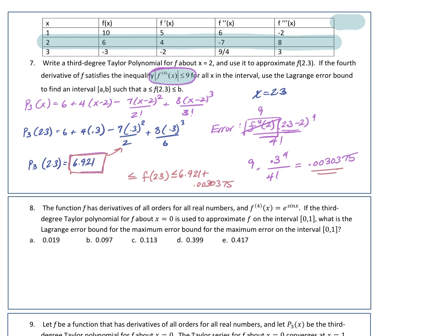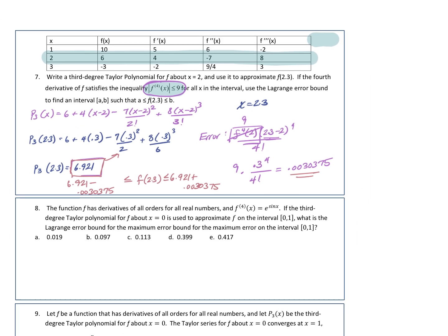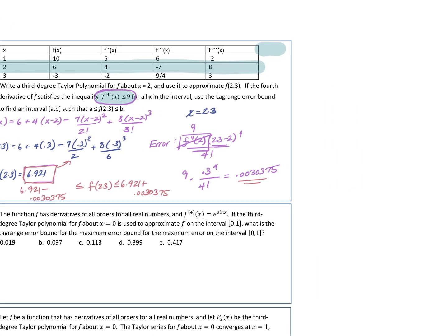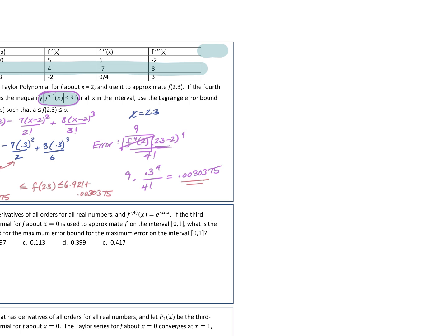The lower bound would be 6.921 minus the 0.0030375. So again, I did this on a calculator to get a final answer of: f of 2.3 is going to be less than or equal to 6.924, greater than or equal to 6.918.